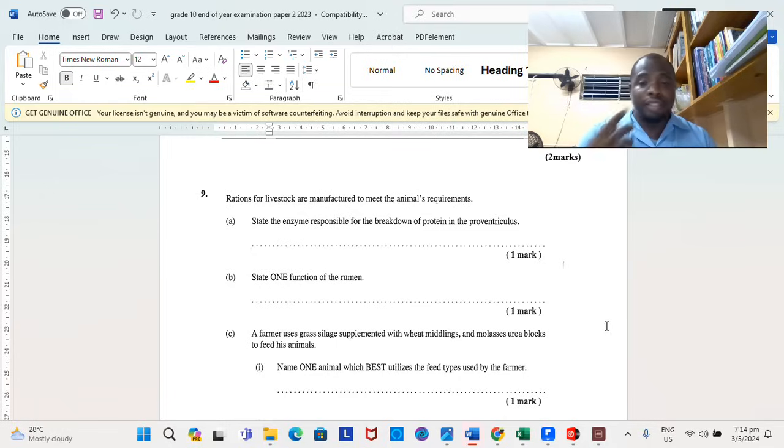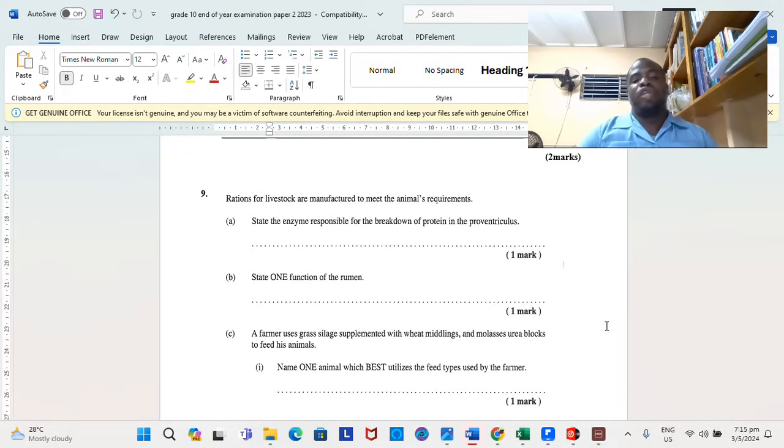It has the characteristics of the stomach. It has the HCl inside, and protein is broken down by pepsin. So the enzyme is pepsin in the proventriculus. Remember, the ventriculus, also called the gizzard, is where you have muscular or mechanical digestion occurring.